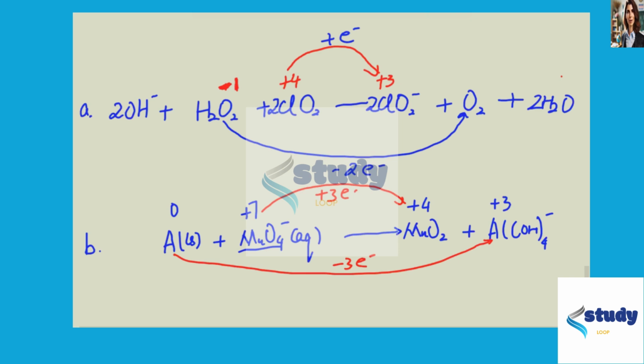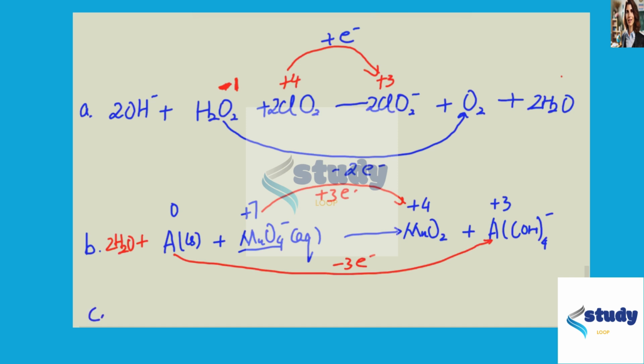When it forms manganese dioxide, there will be another 2 oxygens left from the permanganate, MnO4 minus. And here the aluminum hydroxide ion has 4 oxygens and 4 hydrogens. With 4 hydrogens and 2 oxygens left, there will be 2 waters here. So that's how you balance it.